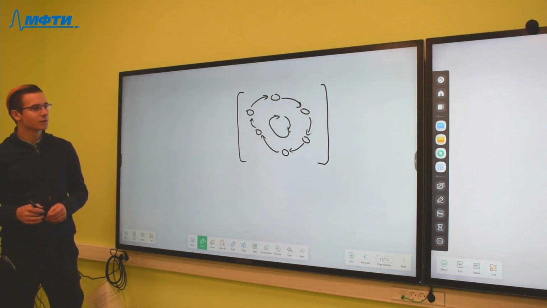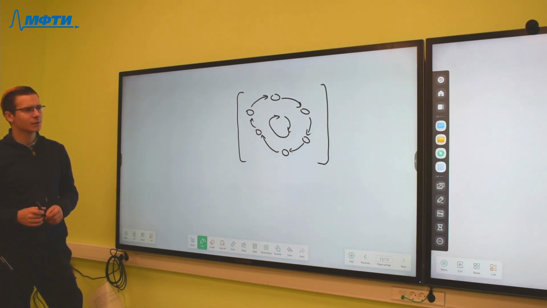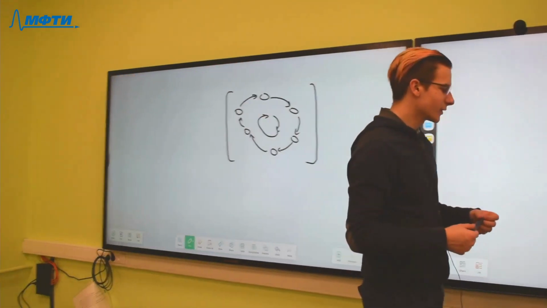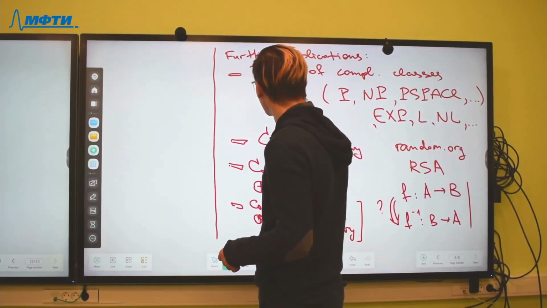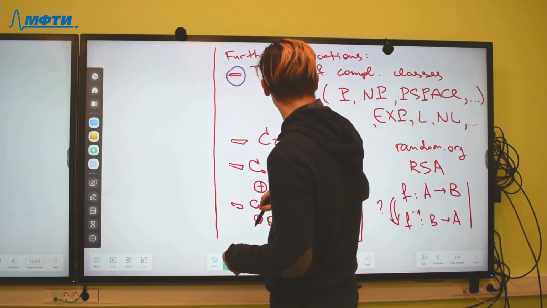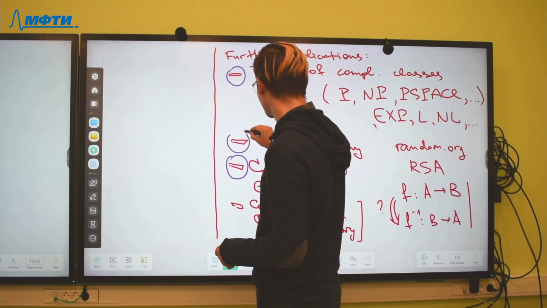So I think that's all about applications. Of course, the most important applications are in the theory of complexity classes and these two cases.